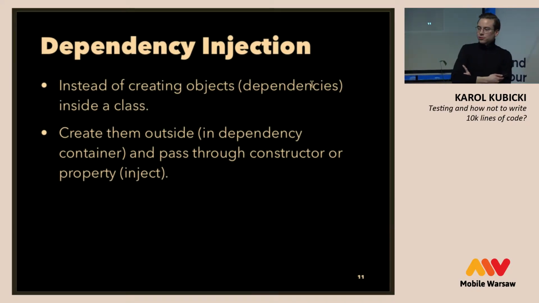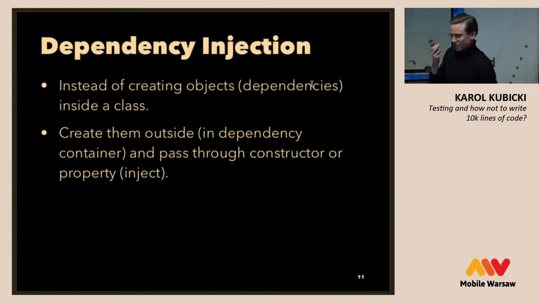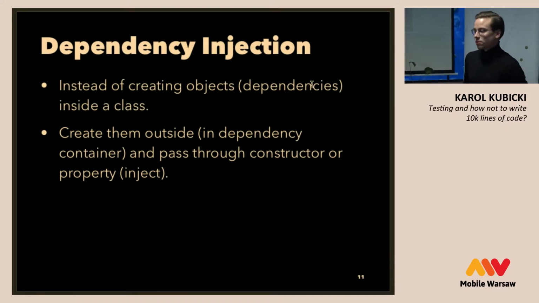Błażej from Toptal was here when he was talking about dependency containers, so if anyone's interested, you can go back to the recording, which I think exists, right? So we create the dependency objects outside and pass them through a constructor or property. So it means inject.